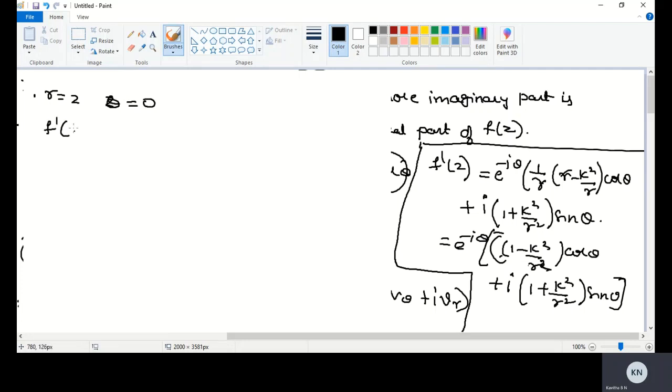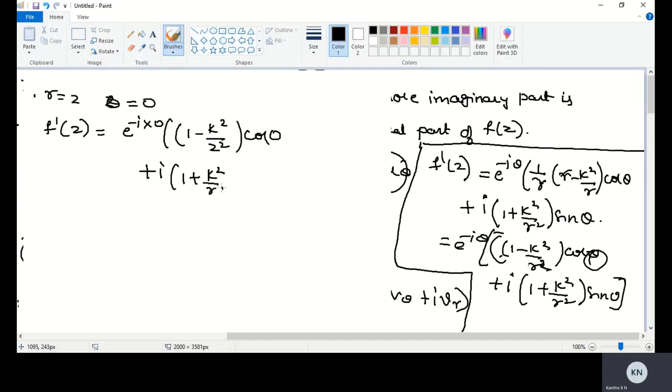Here f dash of z is equal to e to the power of minus i into 0, into 1 minus k square by z square into, in place of cos θ, put cos 0, plus i into 1 plus k square by r square into sin 0.